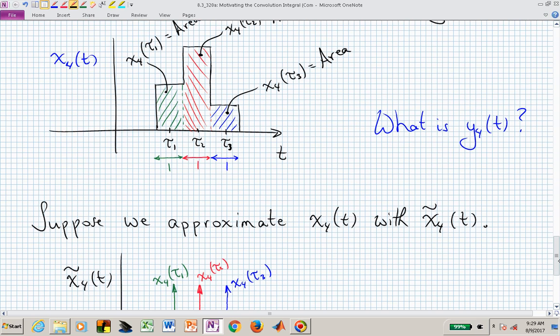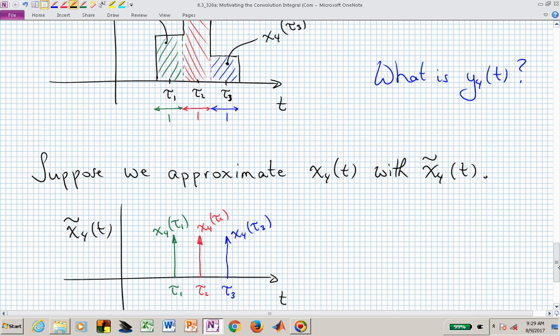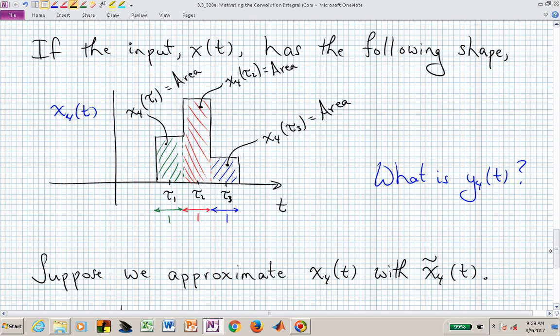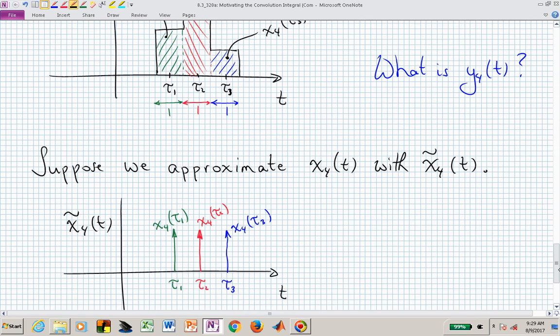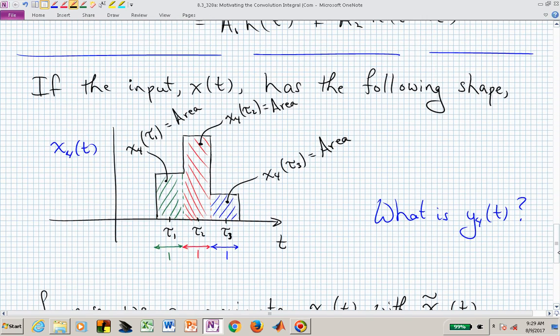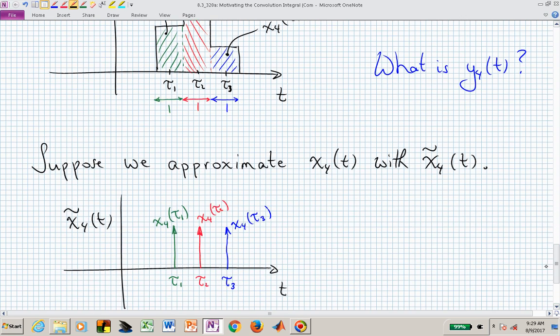Well, we can approximate these rectangles, these pulses, by impulses, where we weight those impulses with the value of the area of those rectangles. And we'll center those impulses at the appropriate times, tau 1, tau sub 2, and tau sub 3.